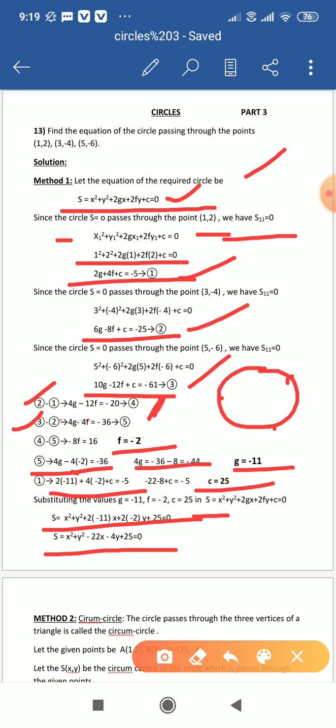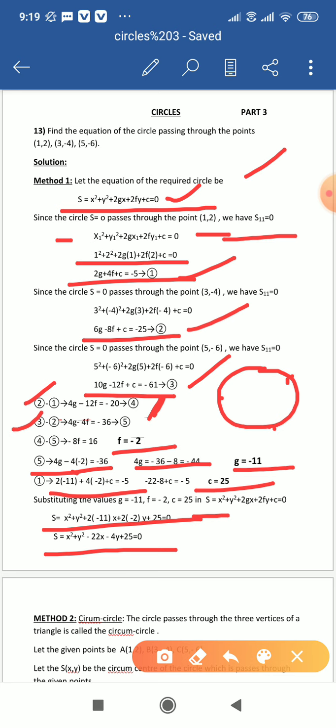So briefly what we have done: first we let the required circle be s is equal to 0. Substitute the given 3 points in s is equal to 0. We have 3 equations in terms of g, f, c. From 1 and 2 eliminate c, from 2 and 3 eliminate c. We have 2 equations in terms of g and f. Eliminate g or f from these 2 equations. We have one value, either g or f.